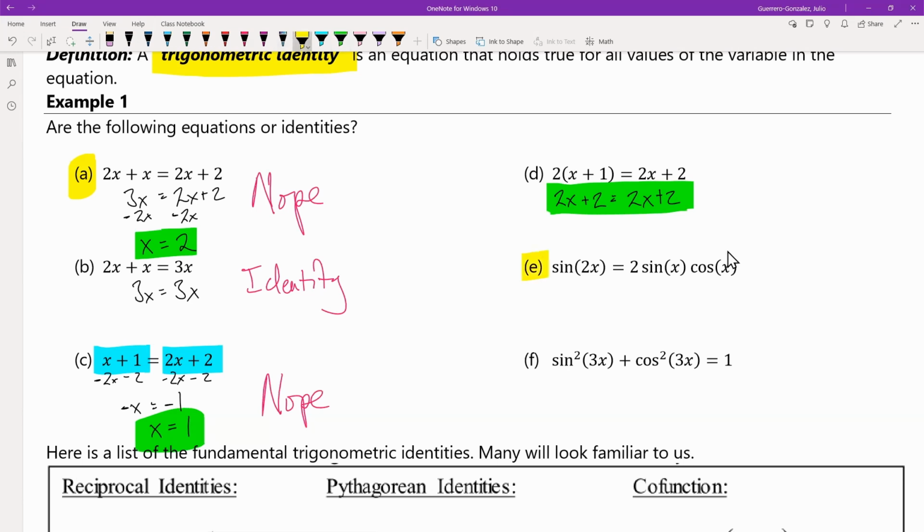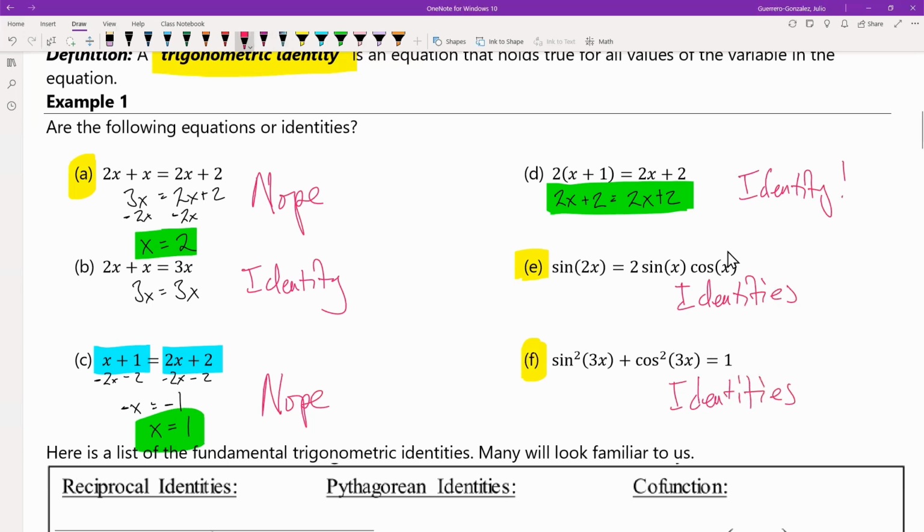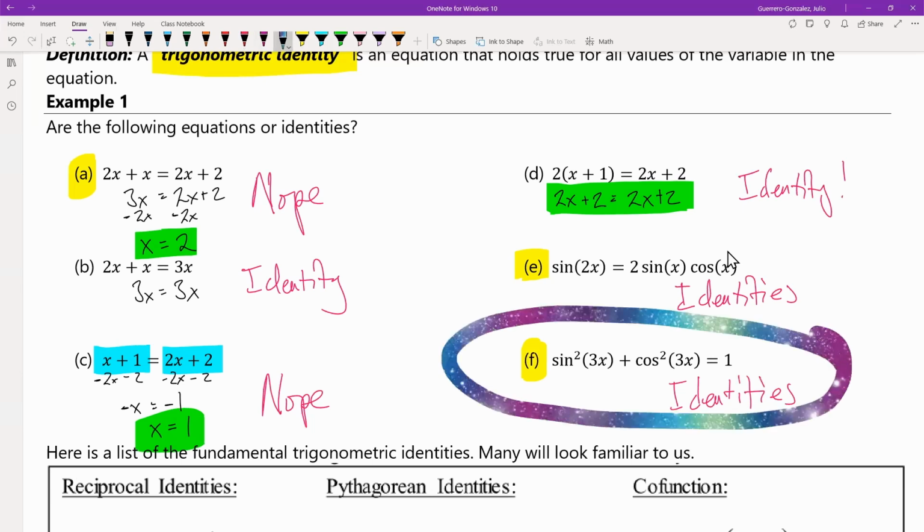E and F. Both of these are identities. One of them should look familiar to you, the bottom one.